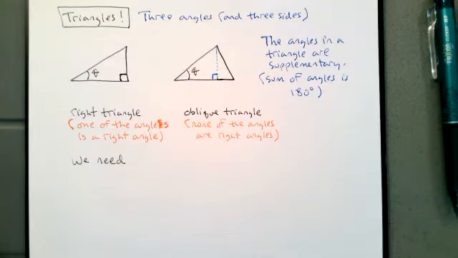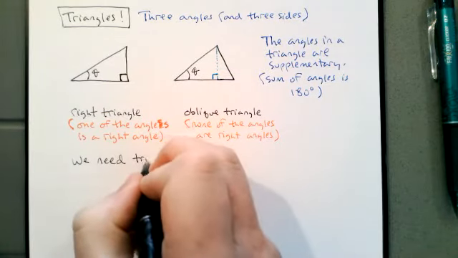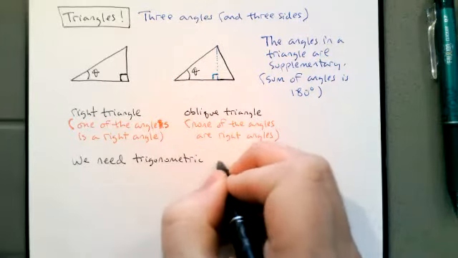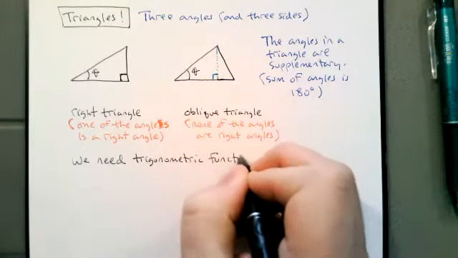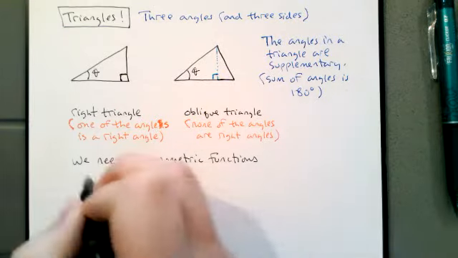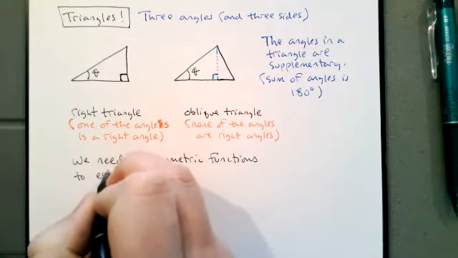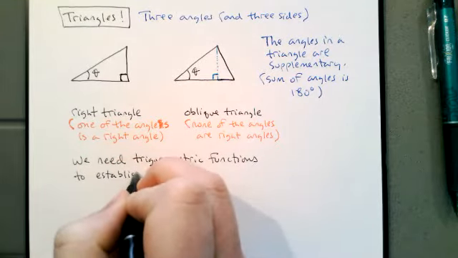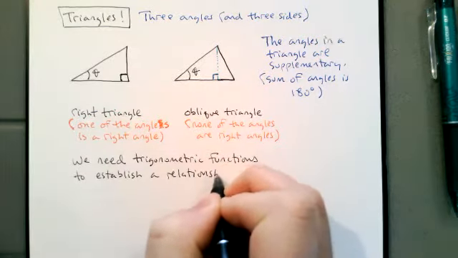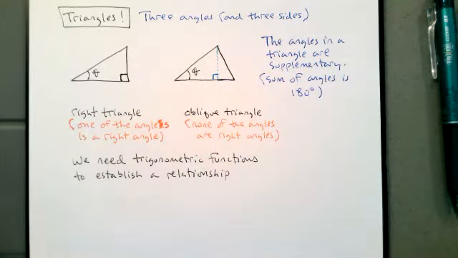We need trigonometric functions to establish a relationship between the angles of a triangle and the sides of the triangle.